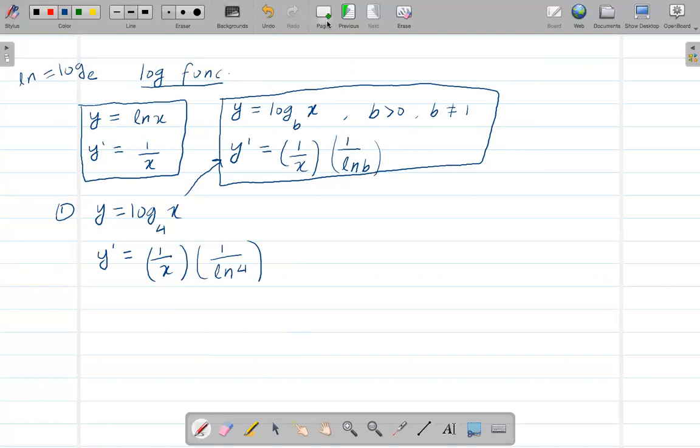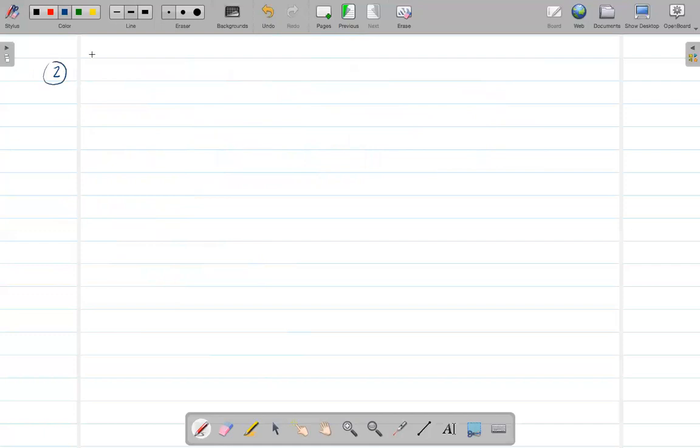Let's do another one. Let's say, instead of saying y, this time f of x is equal to natural log of x to the power 2 plus 7e to the power x plus 3 to the power x.